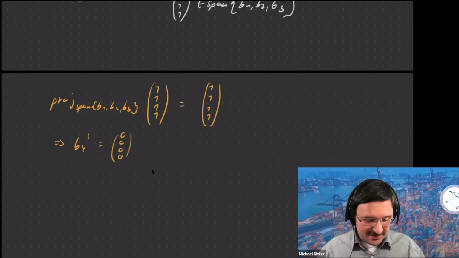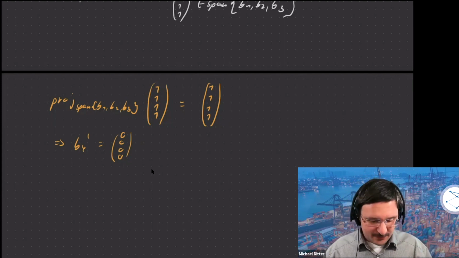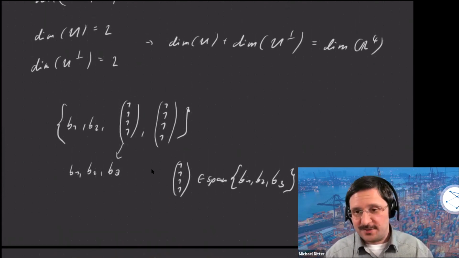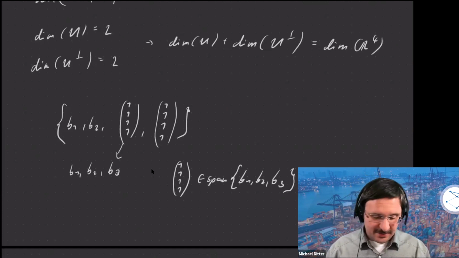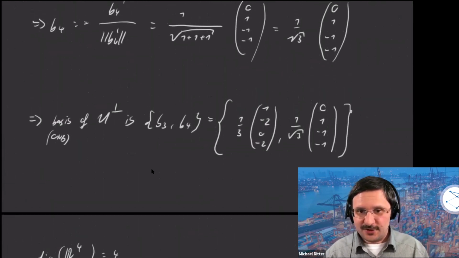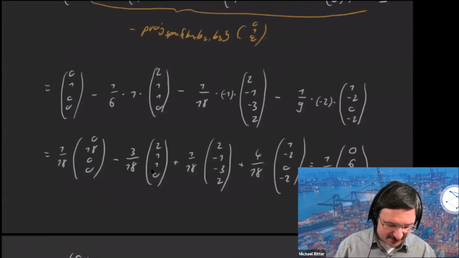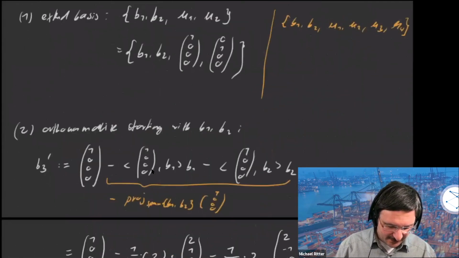And of course, just to mention that the result that we're getting here is by no means unique, right? So neither the B1, B2 basis is unique, nor the one that we have for R4. It depends on the order that you process your vectors in, and also depends on this extension here. So why did I do this?